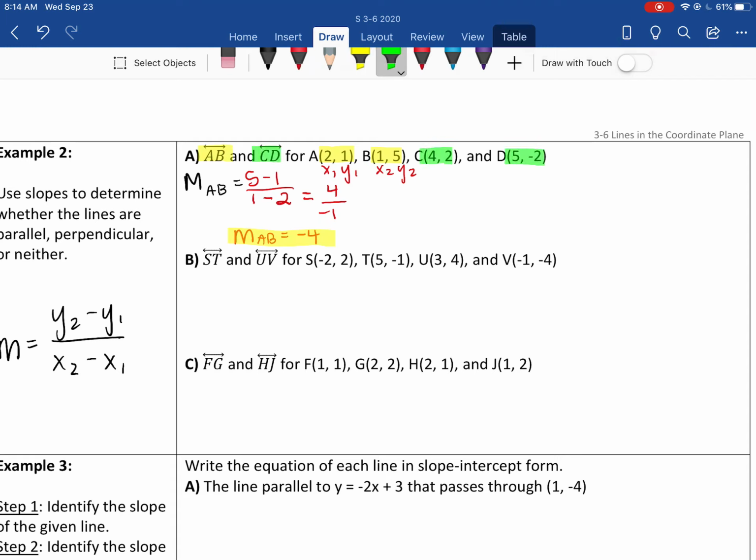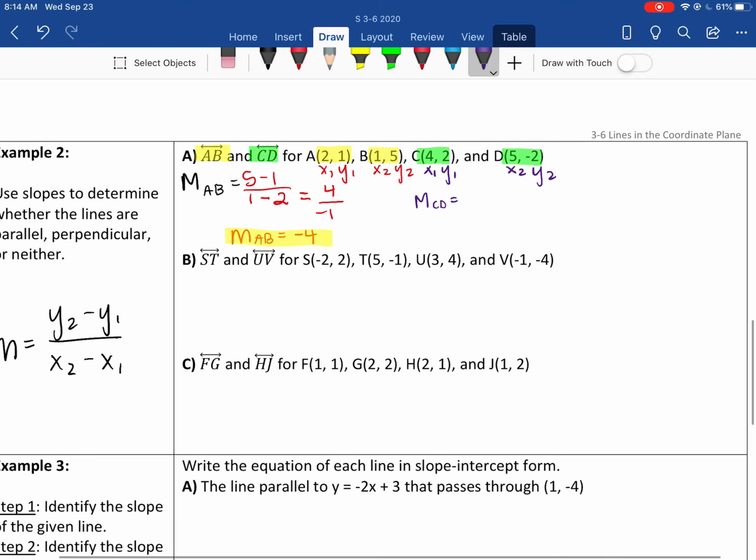Now we need to find the slope of CD. So to find the slope of CD, we're going to use these 2 points. So I'm going to say this is x1, y1, x2, y2.